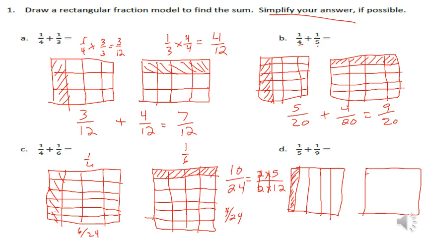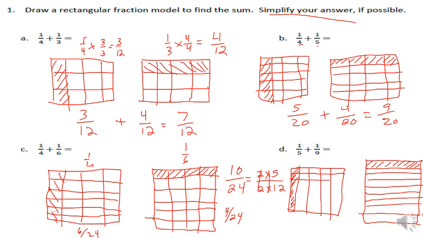Second one, I'm going ninths. 1, 2, 3, 4, 5, 6, 7, 8, and I'm going to put another one up here for 9. Notice I didn't try to jam them all in there because it makes it very difficult. And there's my 1/9.